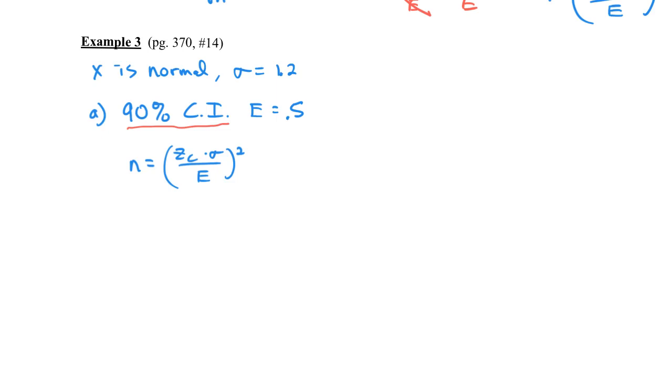So like we talked about earlier, if you look on that table, you'll see for a 90% confidence interval, the critical value is going to be 1.645. So z sub c for this one is 1.645. So hopefully you can find that on the little table on the inside front cover.